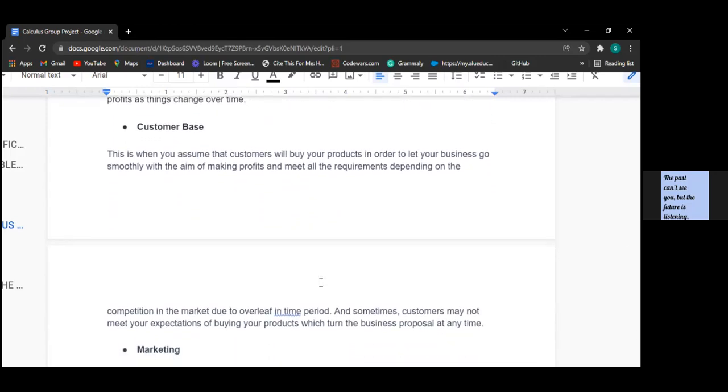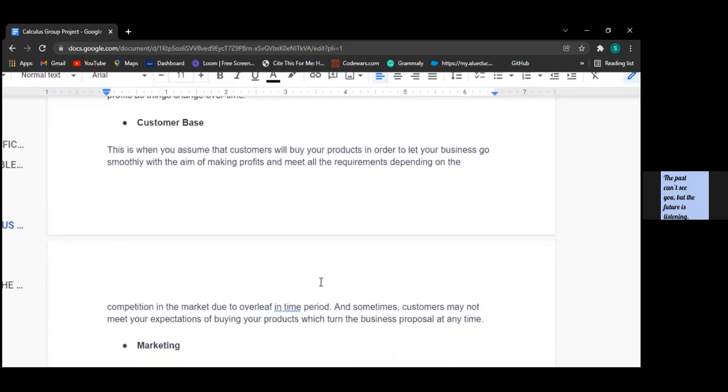Then coming to customer base, the assumption from producers is that customers will go and buy their products based on what they have bought from the market, so that they reduce the competition in the market.